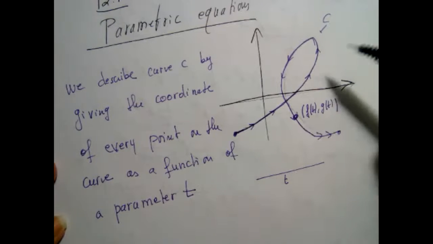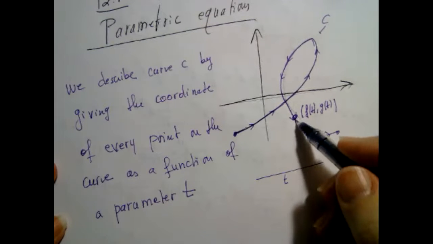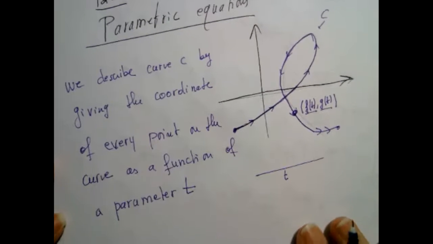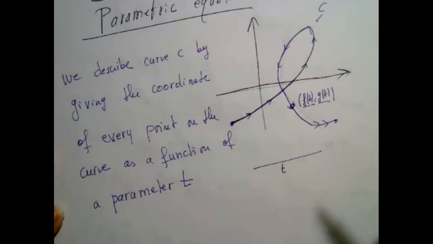Okay, so the way I'm going to describe it is exactly by giving you the coordinate of every point, but the coordinate will be given in terms of a parameter t, that we think of as time, to make the idea very, very easy.